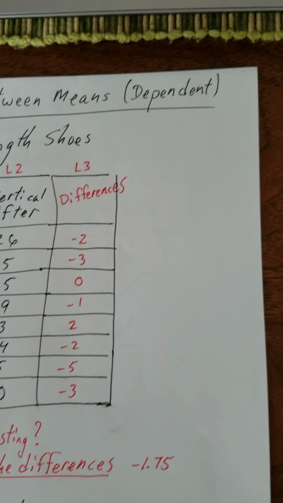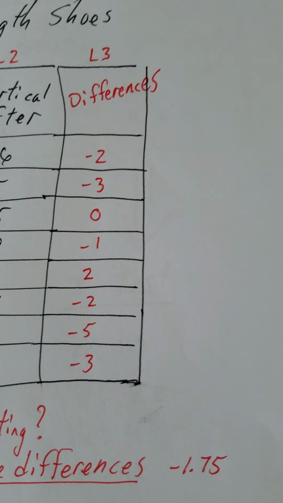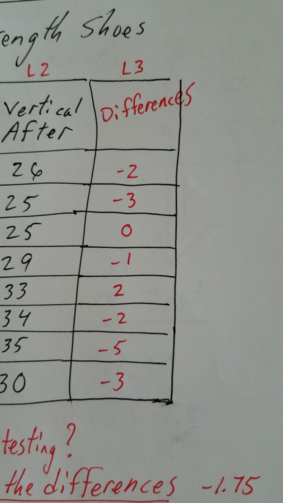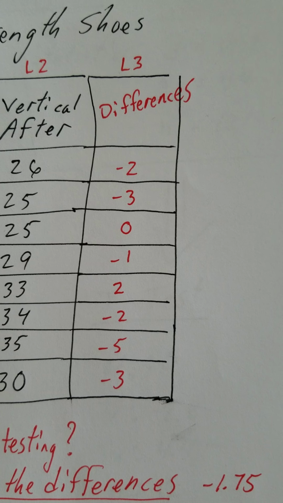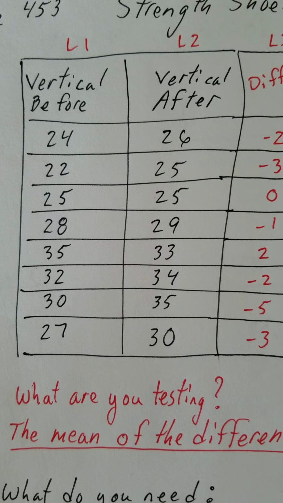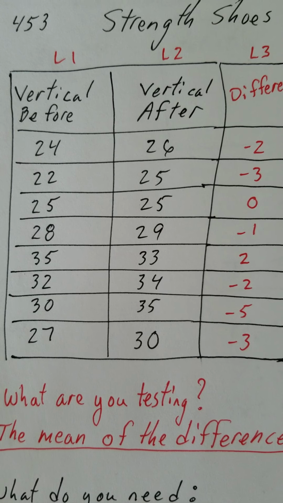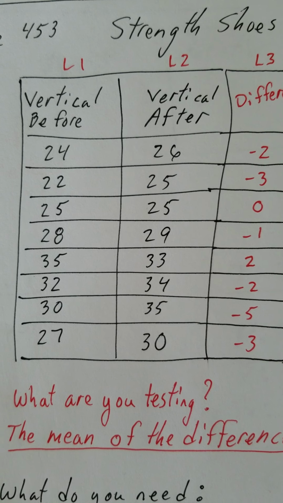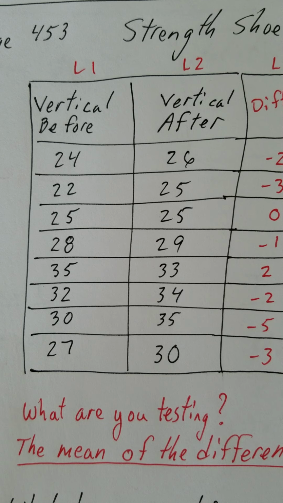Well, when the samples are dependent, you actually test the differences, or actually the mean of the differences, before and after. At some point we're going to leave this example, but we'll come back to it.